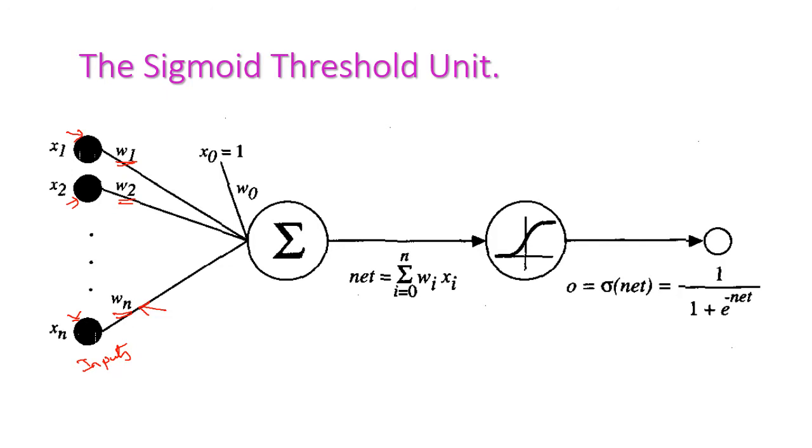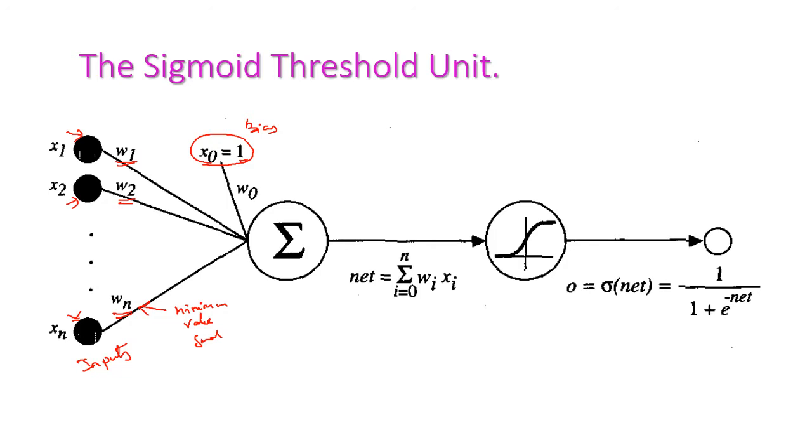Normally a small value will be assigned to all the weights, and x0 is nothing but the bias. Here it is assigned to 1.